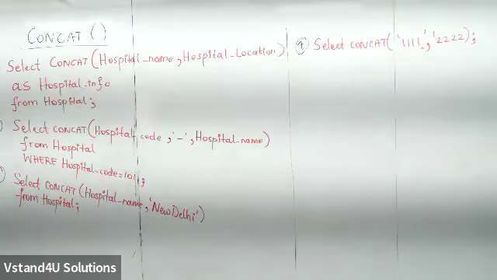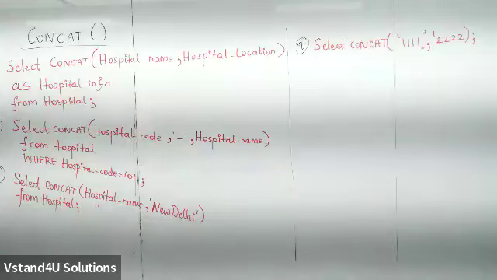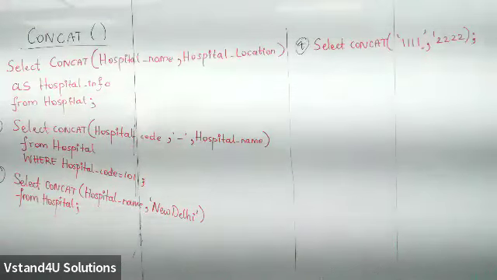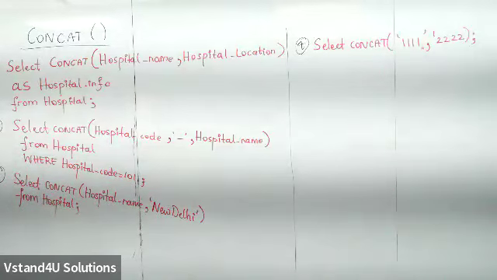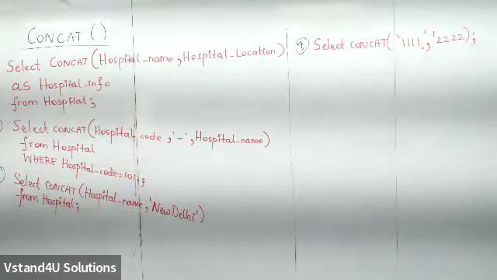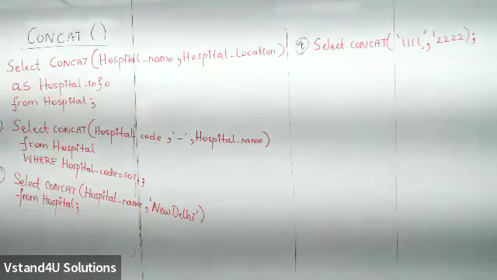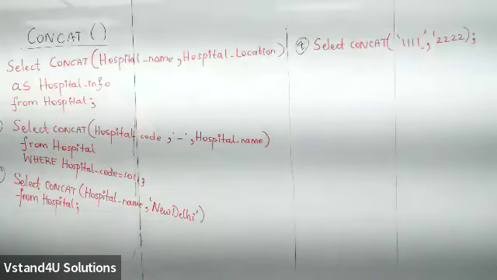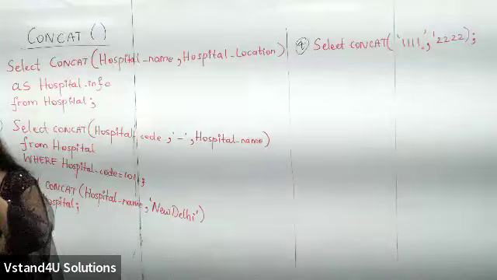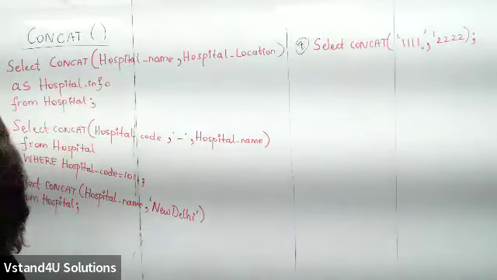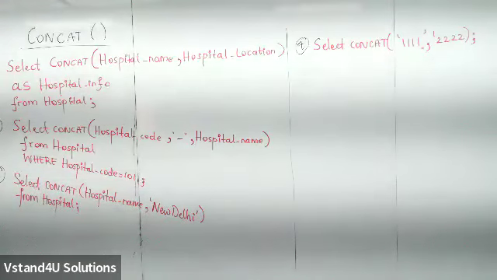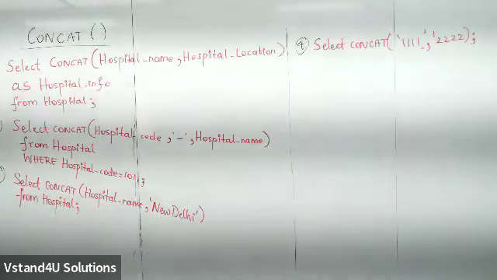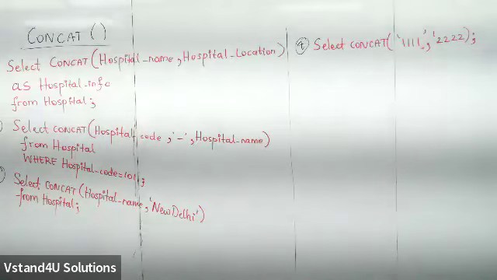Write a query to concatenate number 5555 with string Victoria. Which string will you take?